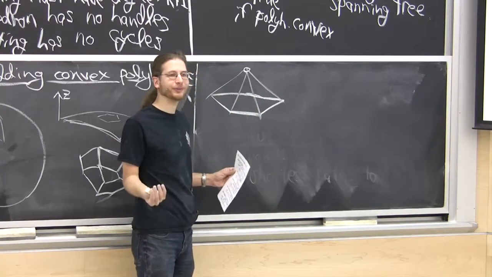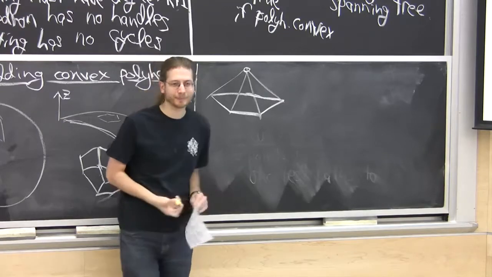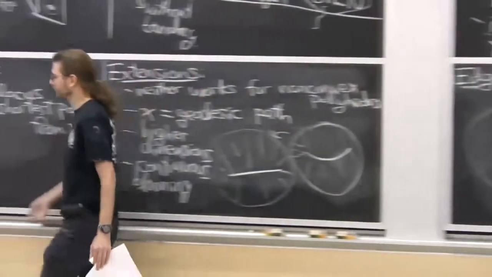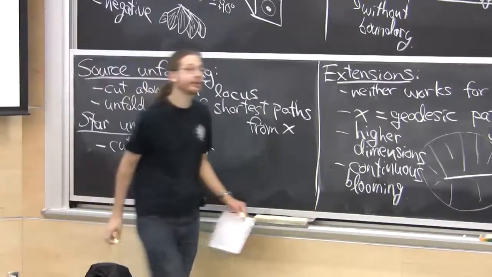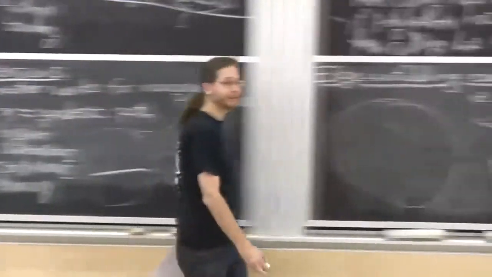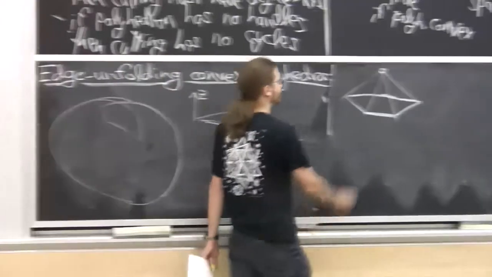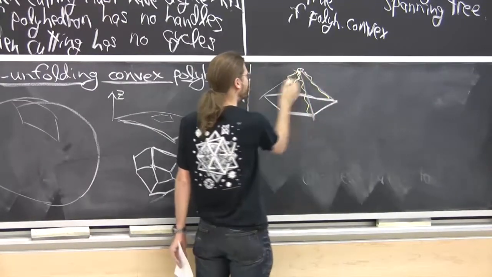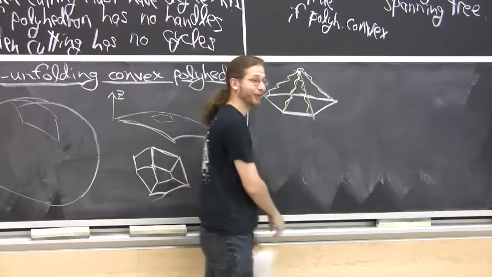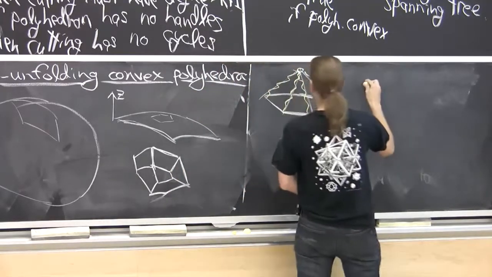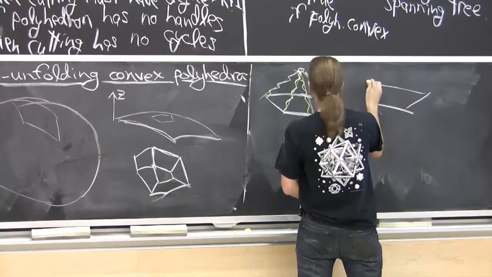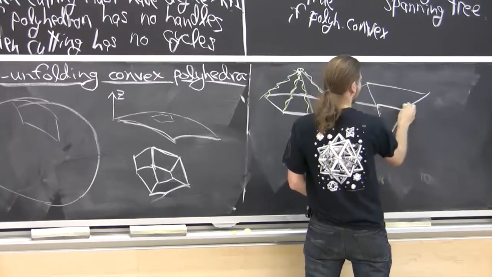How does it unfold? Any suggestions where to cut? Get my yellow chalk. From the top. Yeah, just cut here. Here we're only allowed to cut along edges. This is called the volcano unfolding. And then there's just a bunch of triangles.